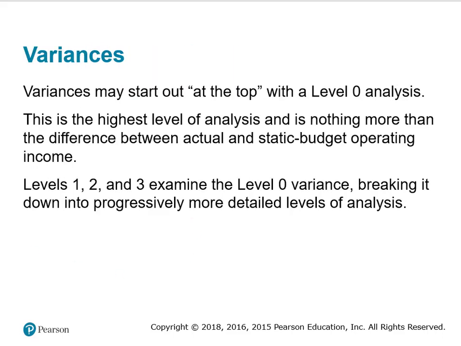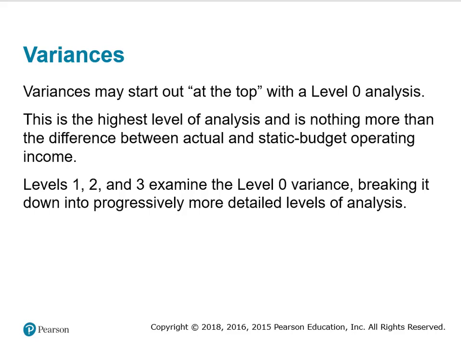And variances, we calculate them at multiple levels, and those levels are identified with level numbers. The broadest variance is a level 0 and is a very macro view showing the difference between actual and static budget operating income.